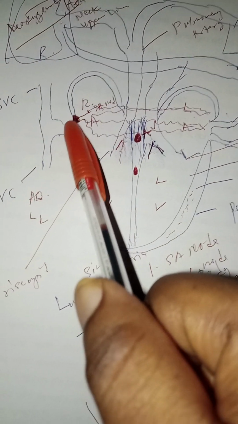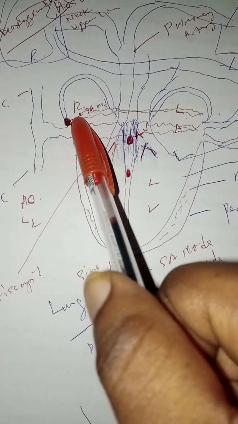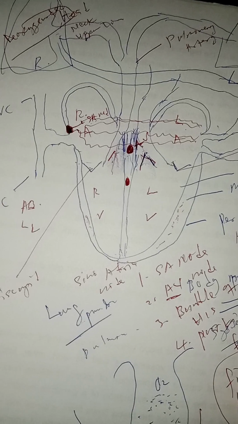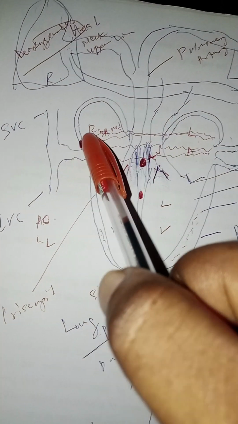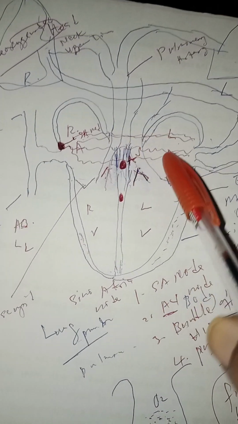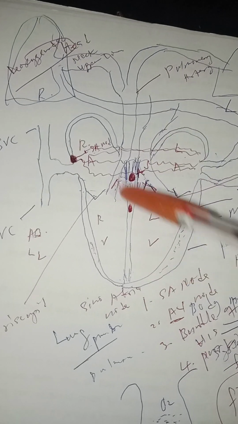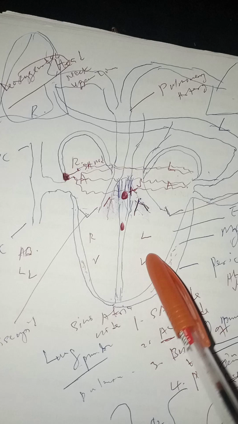Remember, we said electrical impulses are spread from the SA node. So since fibrous tissues do not conduct electricity, the impulses cannot spread down to the ventricles.